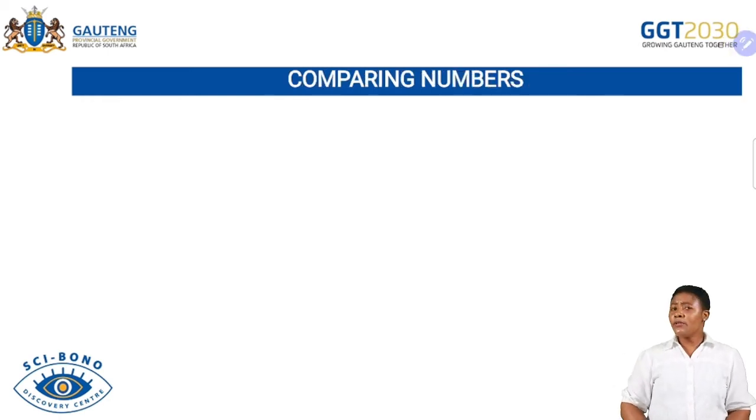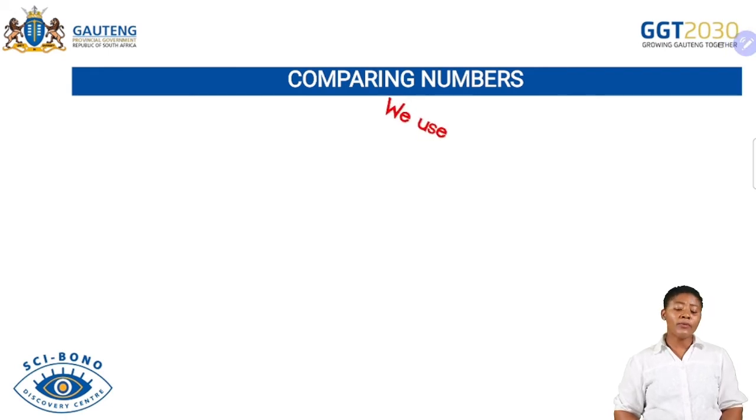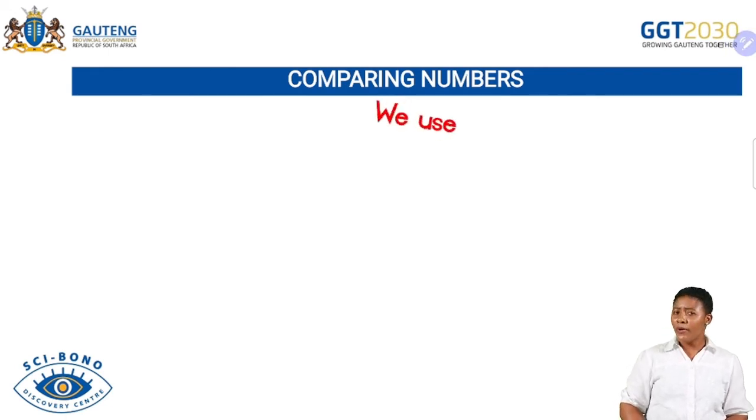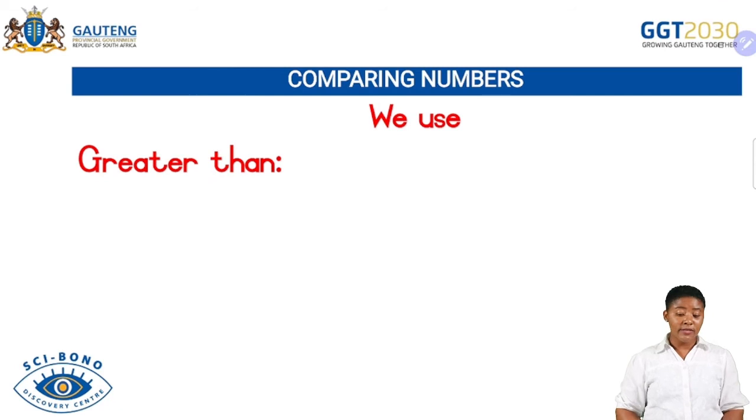Now let's look at comparing. We are going to compare the following numbers. What are we going to use? When we are comparing numbers, we use greater than. This is the sign for greater than.